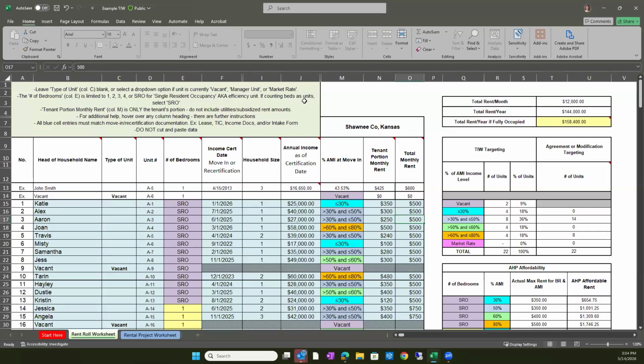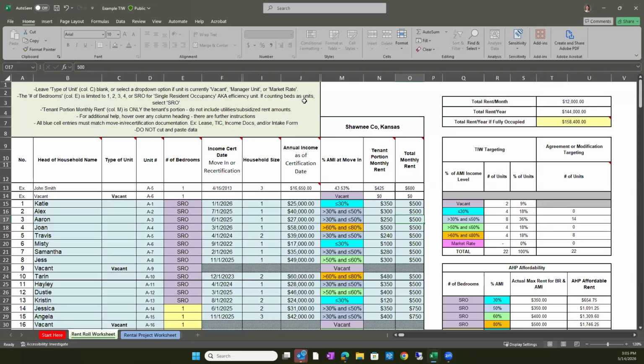For the AHP program, you will certify your resident when they move in. Assuming you get the right documentation when they move in and you do the math right, then you do not need to recertify that resident ever again. So you can certify them once for the AHP program at move-in, and you can use that documentation for the full 15-year retention period, or as long as that resident is living on your property. So we do not require that they be recertified.